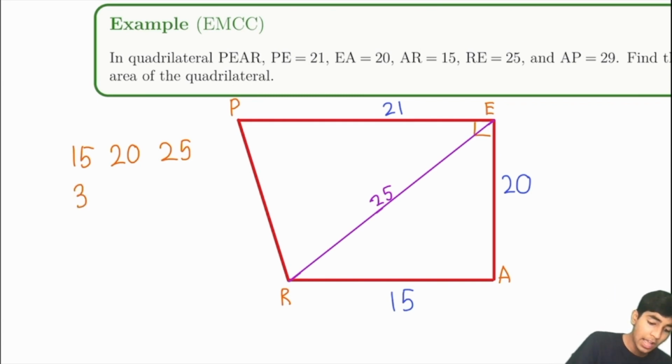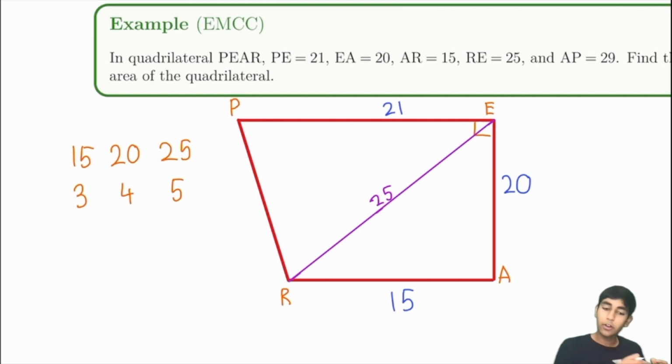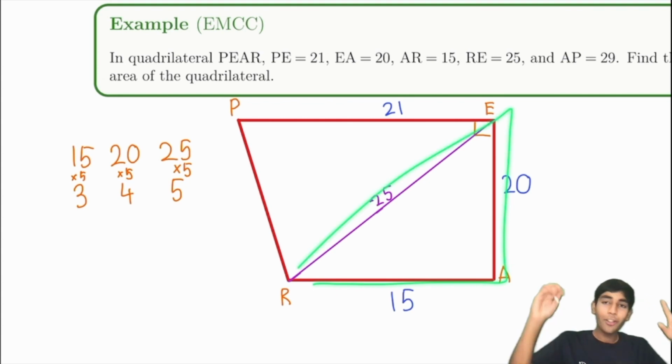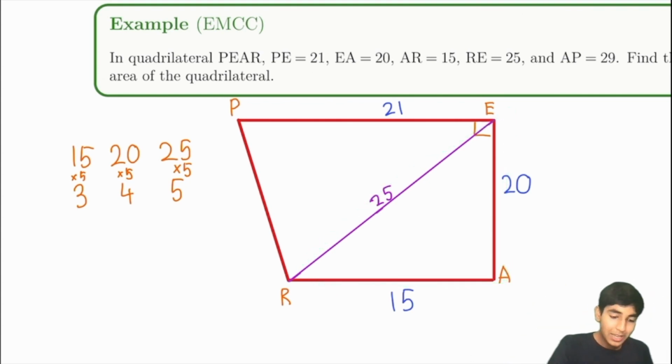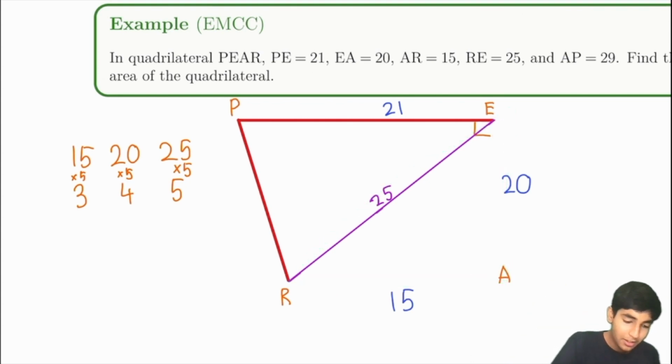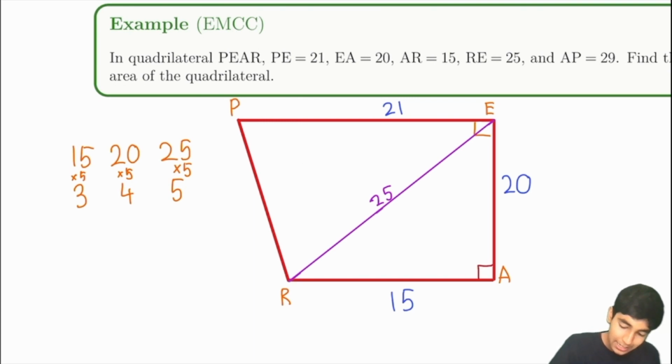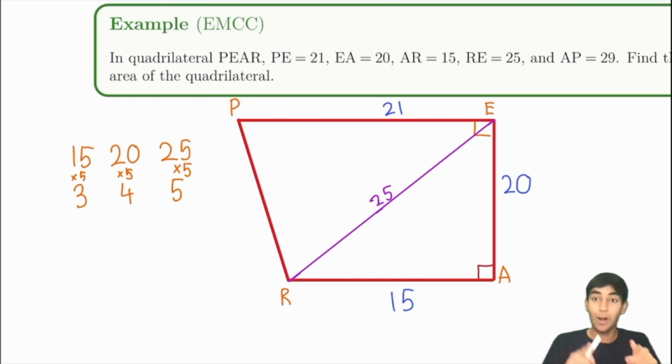So if we divide by 5, we have 3, 4, 5. Aha! We know 3, 4, 5 is a Pythagorean triple. And as we learned, if we multiply all the sides by 5, they'll form another Pythagorean triple, because it's the same ratio of sides, just scaled up. So that means 15, 20, 25 is also a Pythagorean triple. So we can put a right angle here. Whoops. We have a right angle right here. And that is right. Get it?